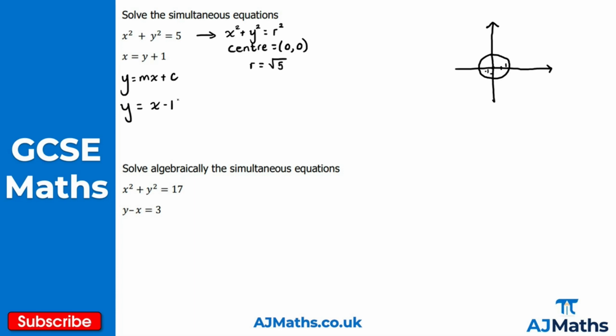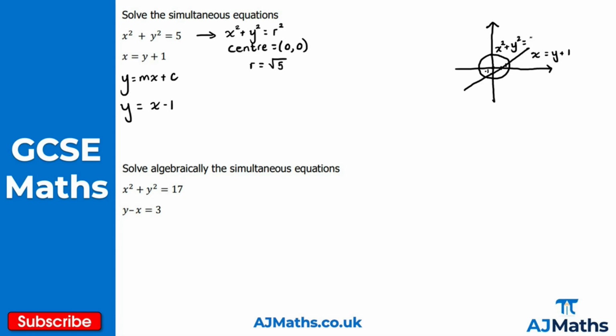And clearly this has a positive gradient. It's supposed to be a straight line, but that's the idea. So that's the equation for x equals y plus 1. That's the straight line here. And then I've also got x squared plus y squared is equal to 5, and that's my circle.